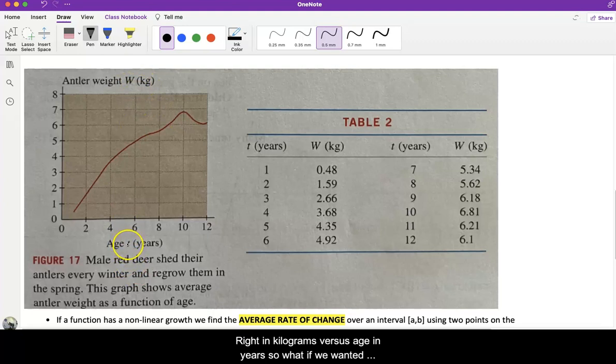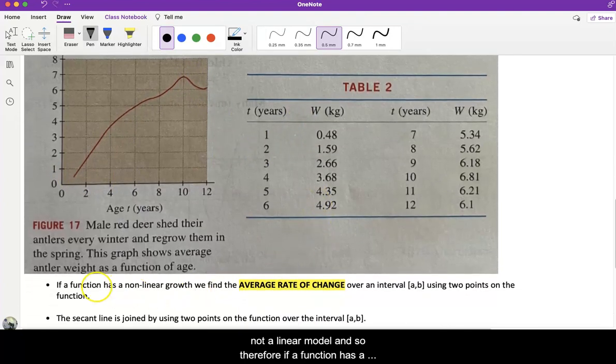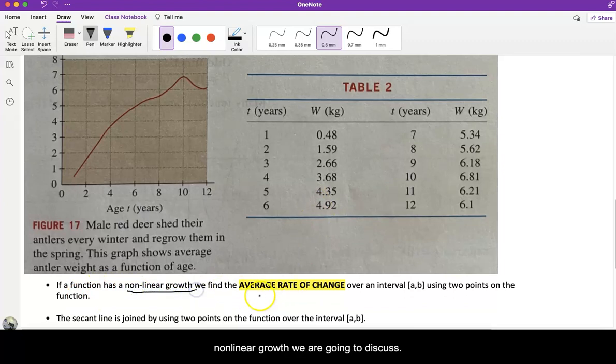So what if we wanted to find the rate of change? Well, in this particular case, this is not a linear model. And so if a function has non-linear growth, we are going to discuss this average rate of change.